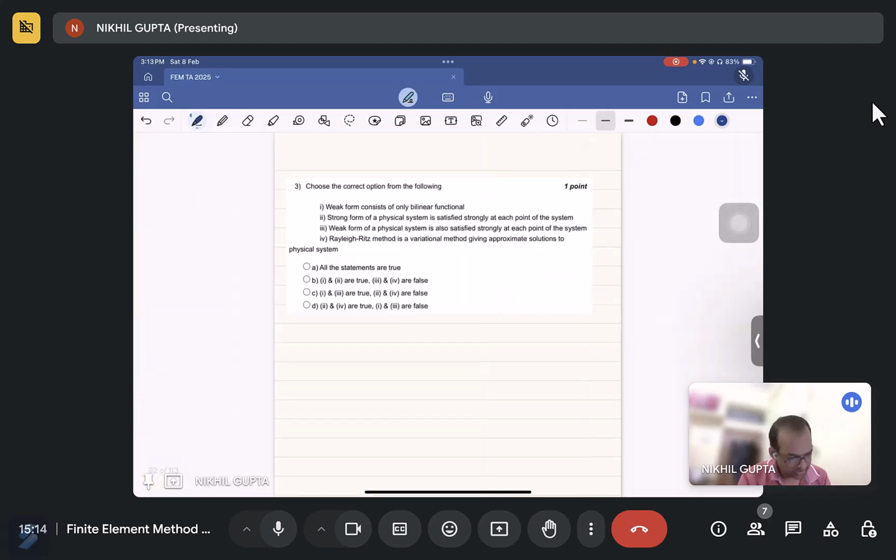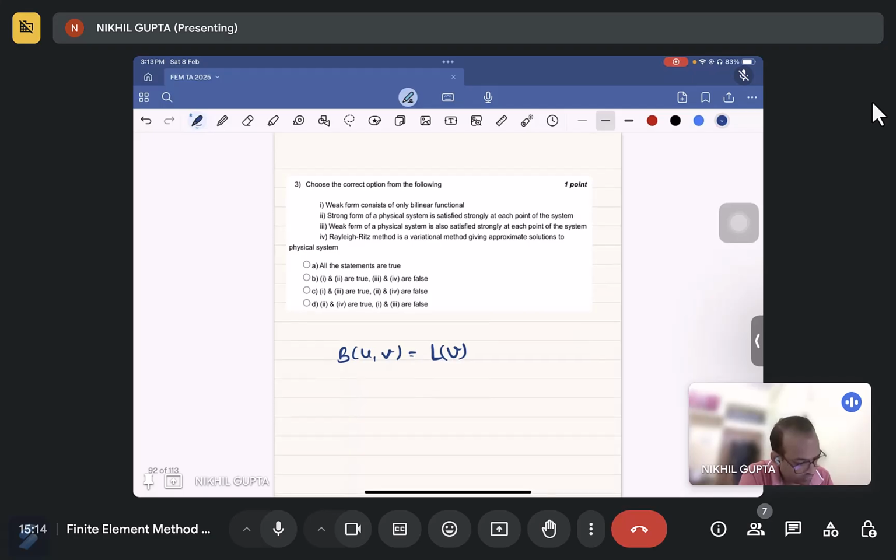Question number 3 says choose the correct option. To be fully consistent with the linear function, we know that a(u,v) equals l(v). This is not the only linear function. The second statement says the strong form of the physical system is satisfied at each point of the system.